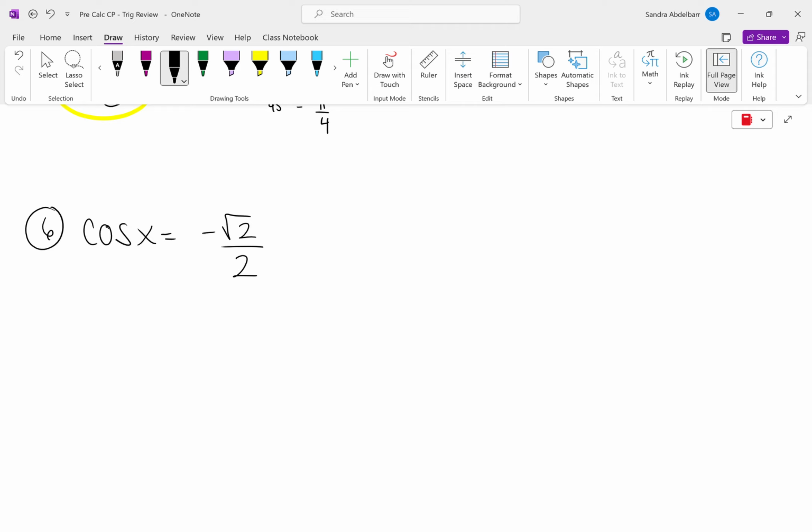When everything's positive for one. Yeah, cosine negative. Oh, so all this was. Yeah.